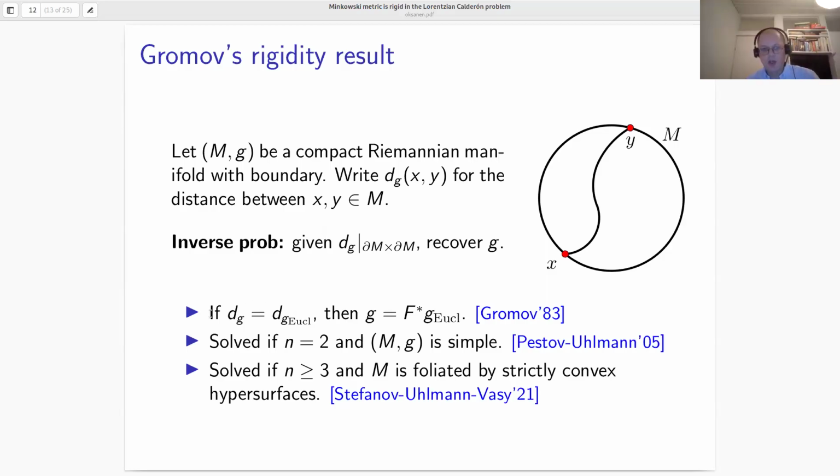So in some sense, in this Lorentzian Calderón problem, we know about as much as it was known about this boundary rigidity problem in the 80s. And hopefully, in the coming years, we can solve this Lorentzian Calderón problem under similar assumptions as these results by Günther and others.